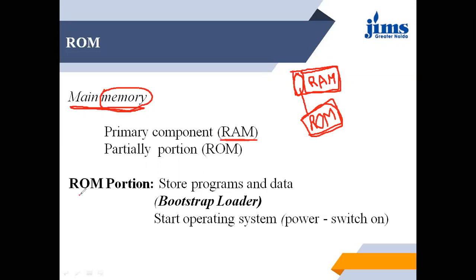So in the ROM portion, what happens? In the ROM portion, we store a program and data that are required to start the computer. When we switch on the computer, there are some programs required to start the operating system.